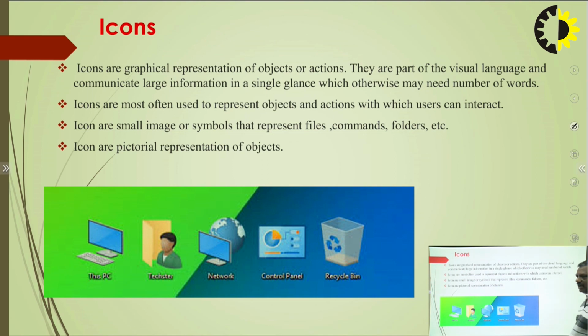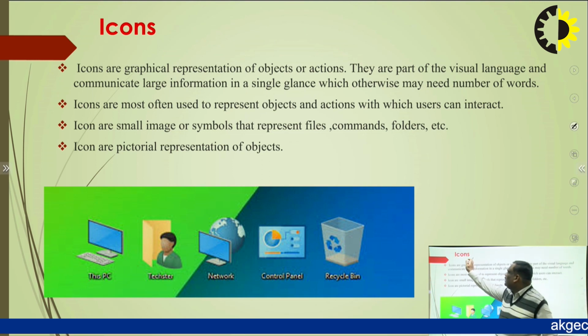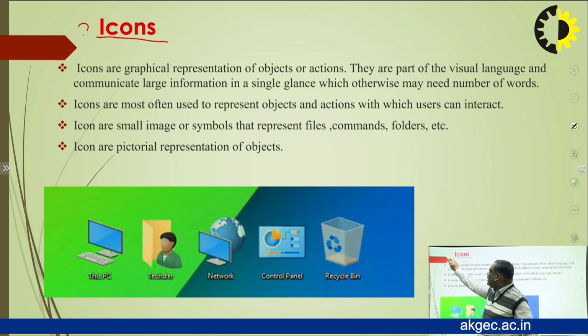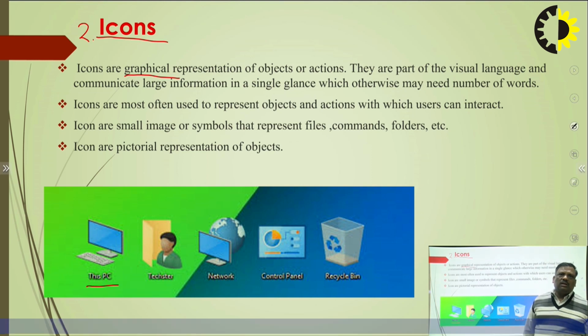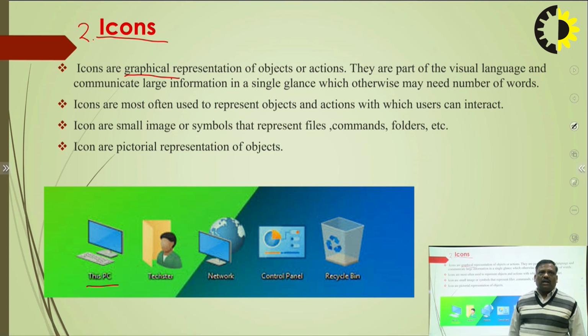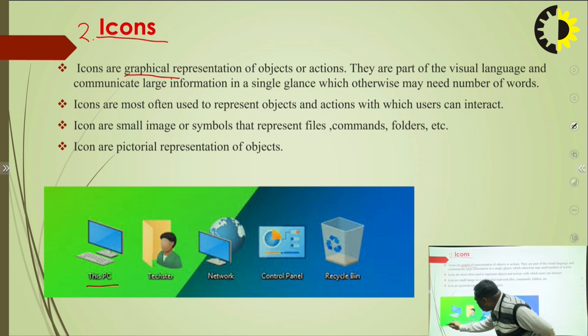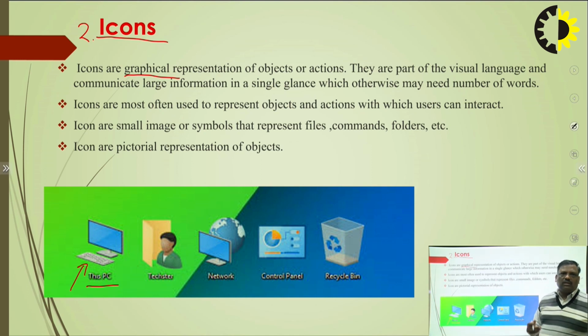Next, the second one is icon. The second one is icon. An icon is a graphical representation of an object or an action. Graphical, that means through pictures, you see. We can click on this picture and a new window appears or some action is performed by the system.